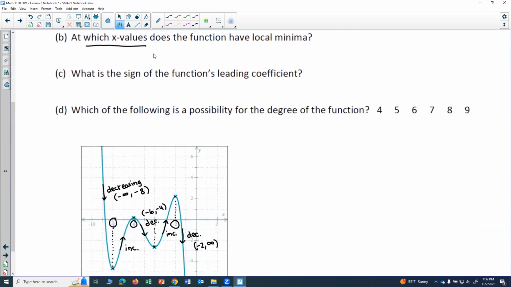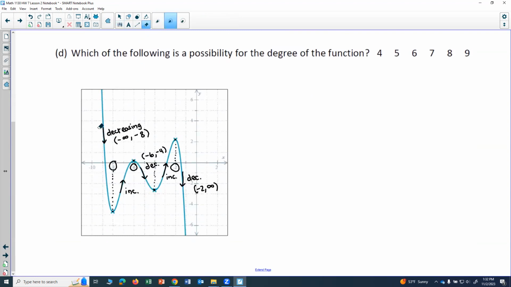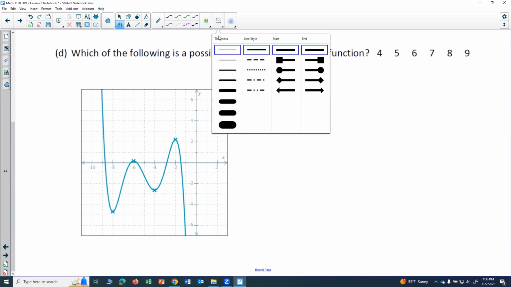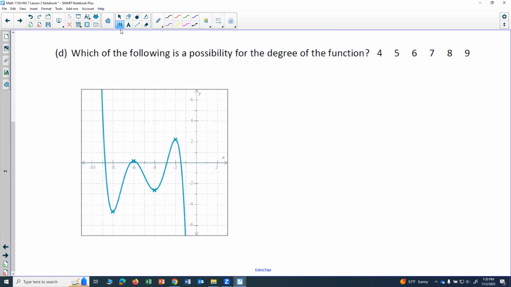Okay, so let me go ahead and erase all of this decreasing stuff. So now we're just looking for the local minima. So where is it going to have a low point?